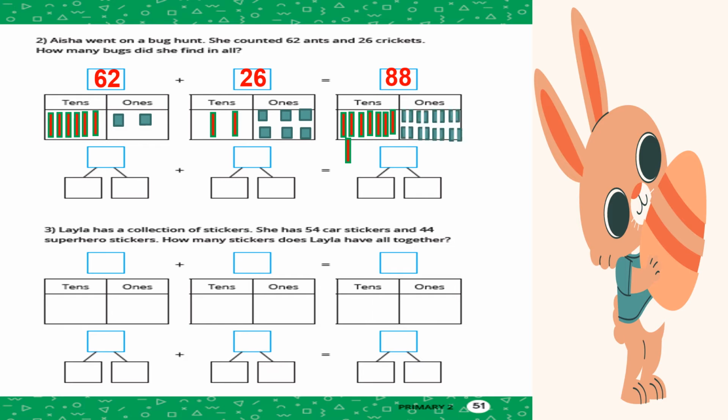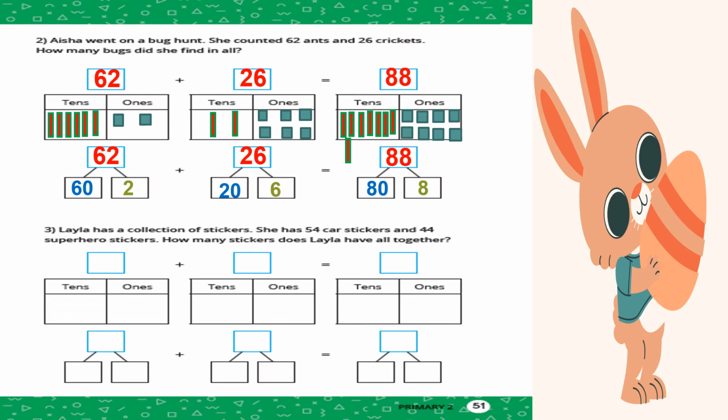Also 8 small squares. Let's decompose 62. So it will be 60 plus 2. Let's decompose 26. 20 plus 6. 88. Let's decompose 88. 80 plus 8.